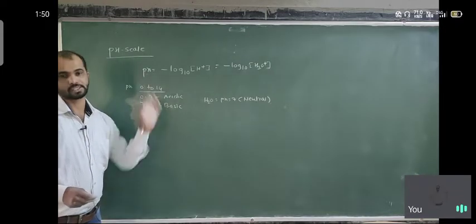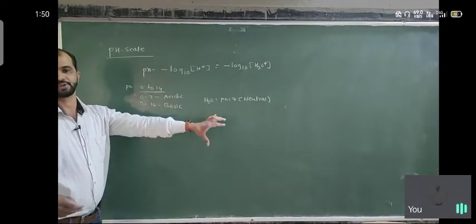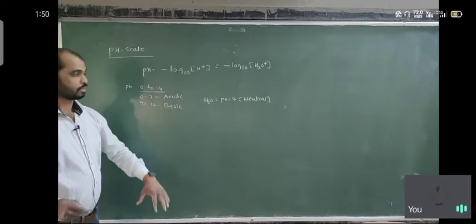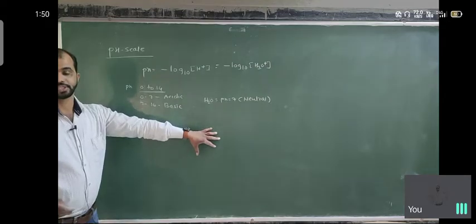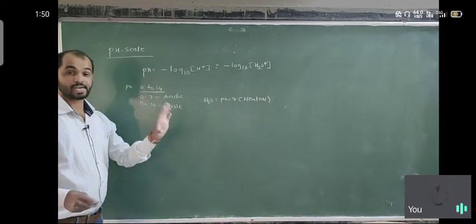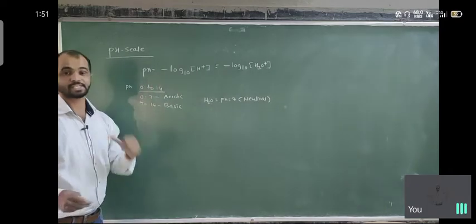You can calculate the H plus ion concentration, or you can calculate the OH minus ion concentration. Using both concentrations, we can identify whether the substance is acidic or basic.